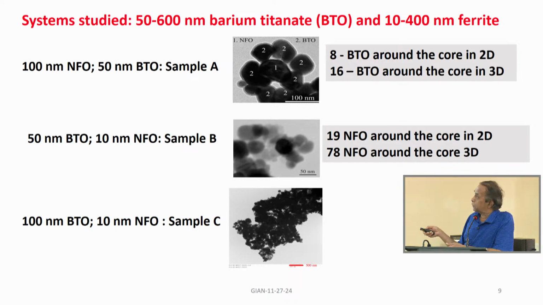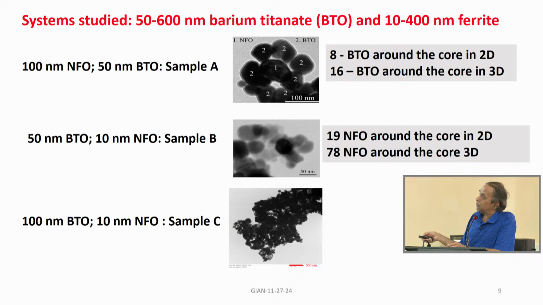And you see some of the STM images showing the core shell particles. The top one is a 100 nanometer core of nickel ferrite and a 50 nanometer shell of barium titanate, and you can do a simple calculation, which we did, and in this case in 2 dimensions you must have 8 barium titanate around the core of 100 nanometer nickel ferrite, and that is what you see, at least close to it.